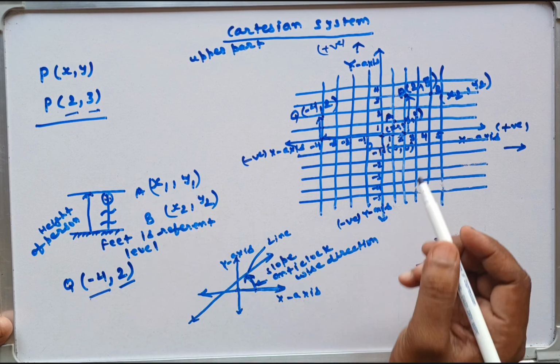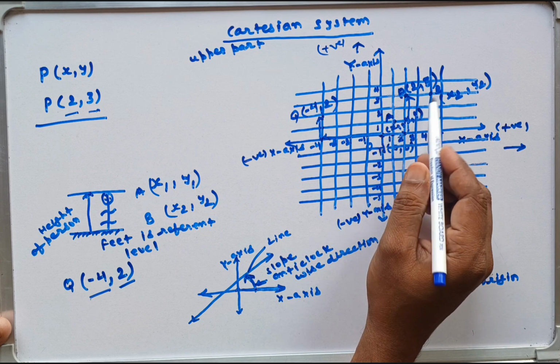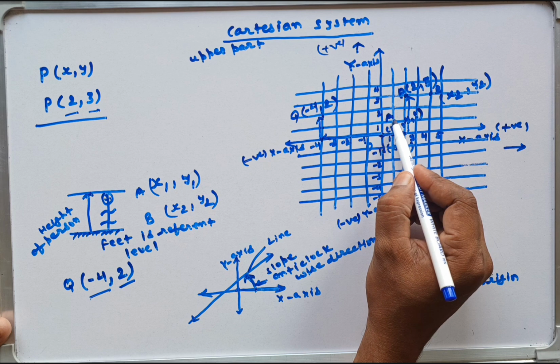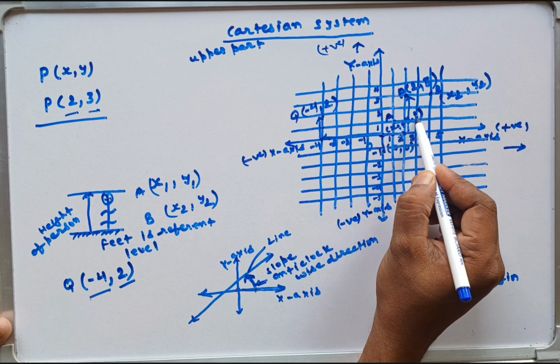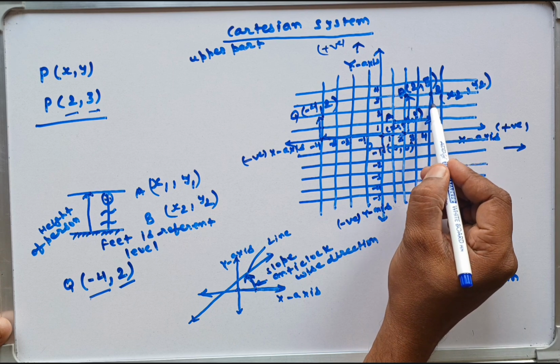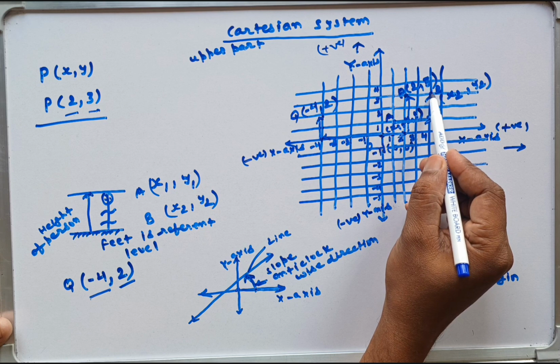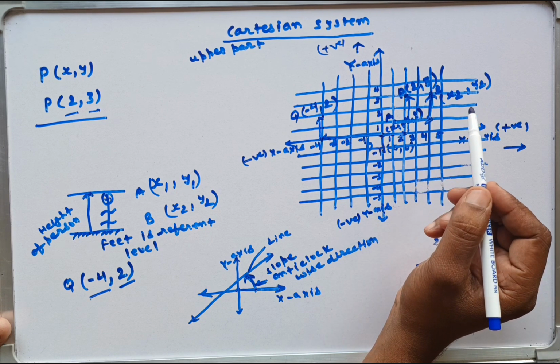Now see, guys, to reach from A to B, we have to move along the horizontal direction, then we move along the vertical direction.